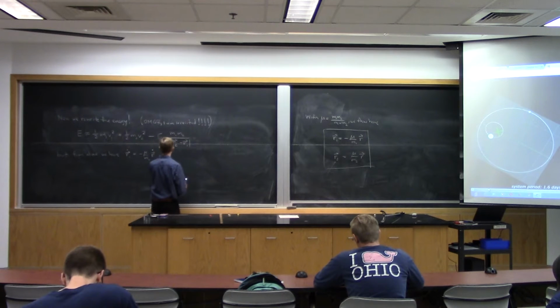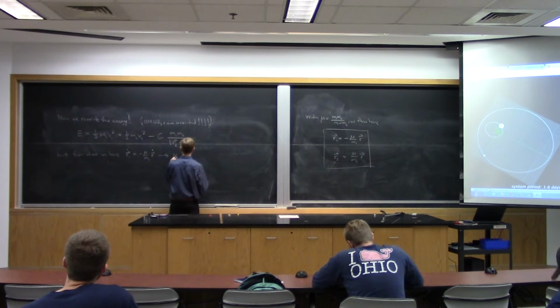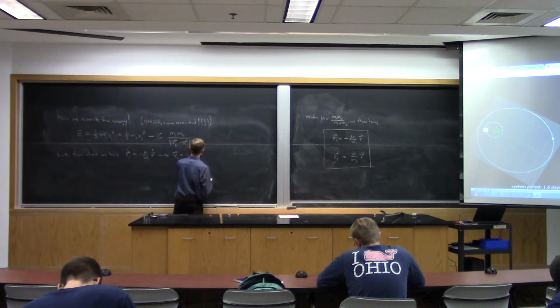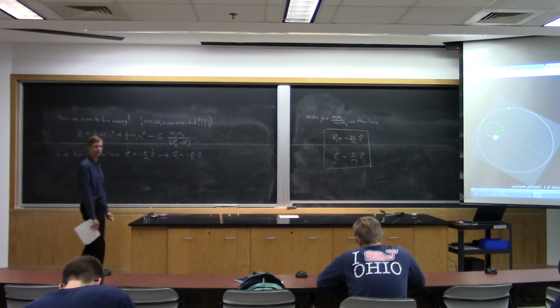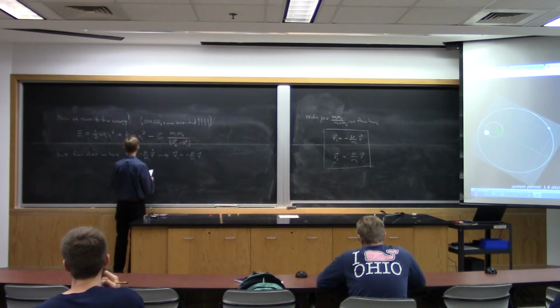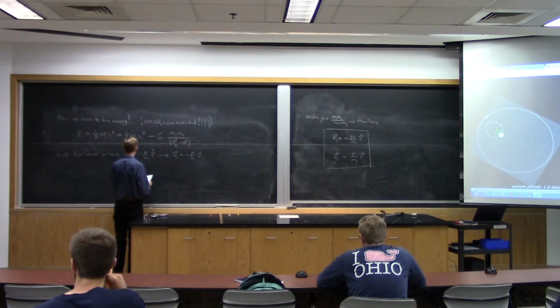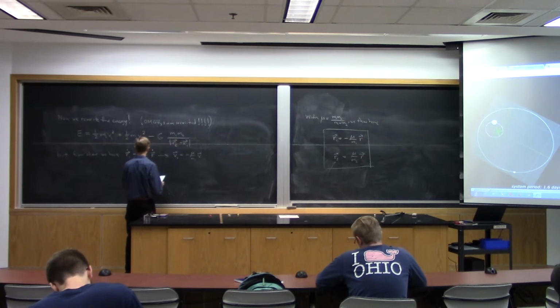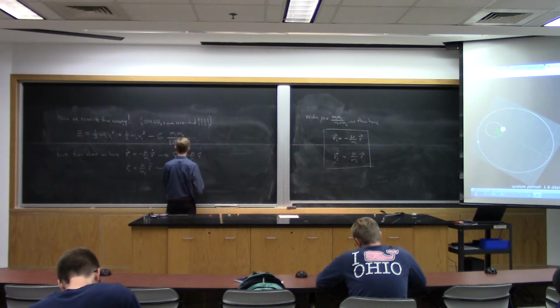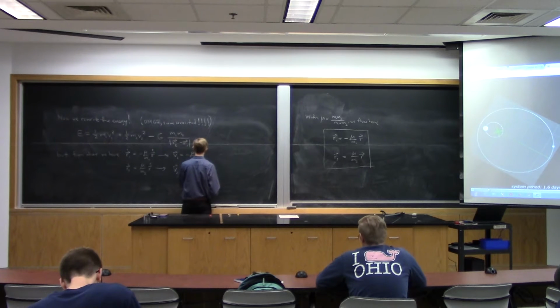Or in other words, V1 is equal to minus mu over M1 times V, where V is that relative velocity of mass 2 relative to mass 1. And similarly, R2 dot is equal to mu over M2 times R dot.